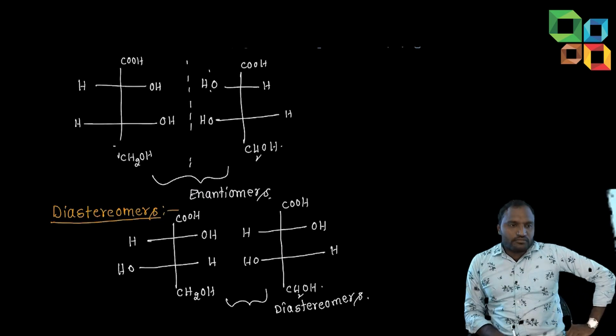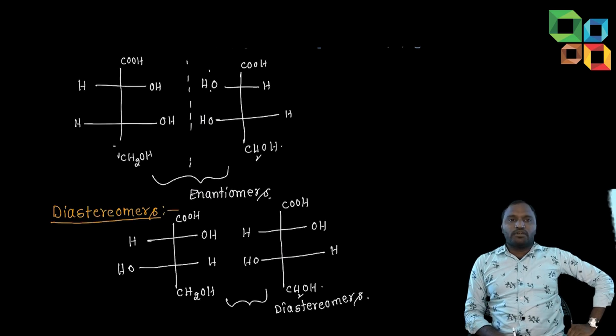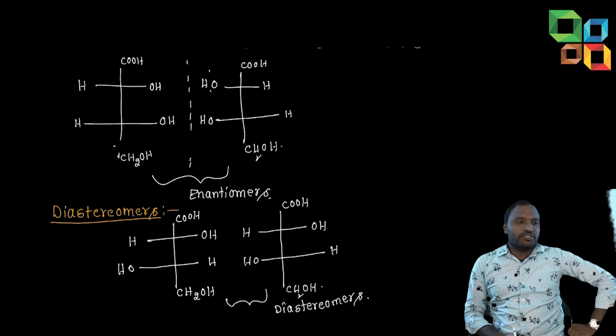What are diastereomers, students? Compounds which are not mirror images to each other are called diastereomers.